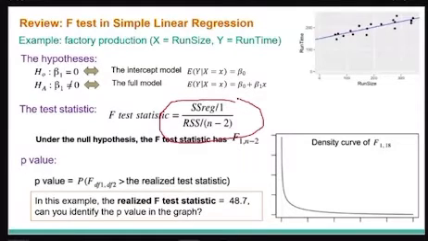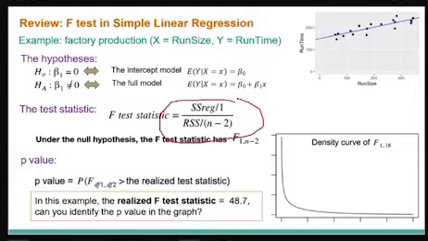The F-test statistic is SSR, the sum of squares due to regression, which is explained variation, divided by 1. Why are we dividing by 1? That's the degrees of freedom for regression, because we have two parameters, so the degrees of freedom is 1. Then divided by RSS, the residual sum of squares, which we also call unexplained variation, divided by n minus 2, the degrees of freedom for error.